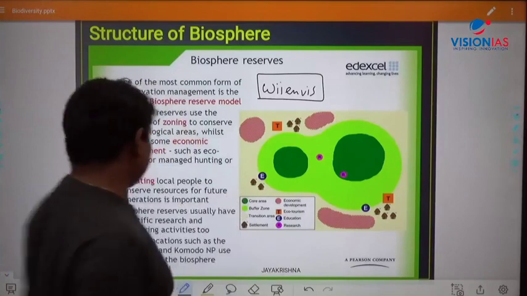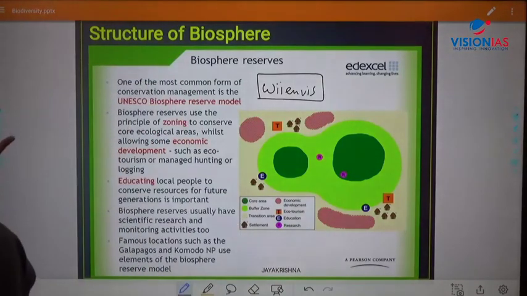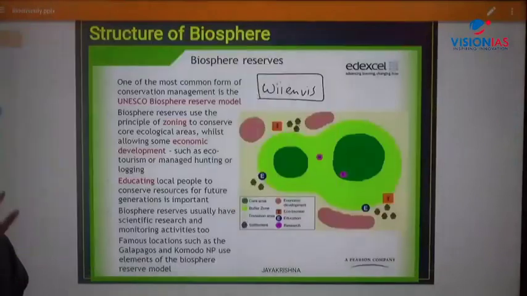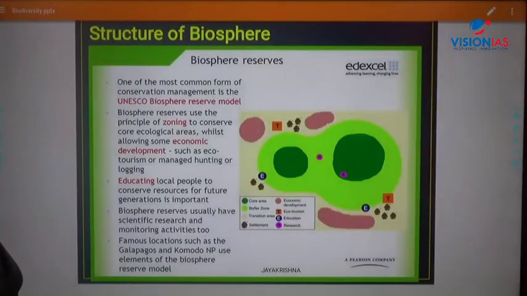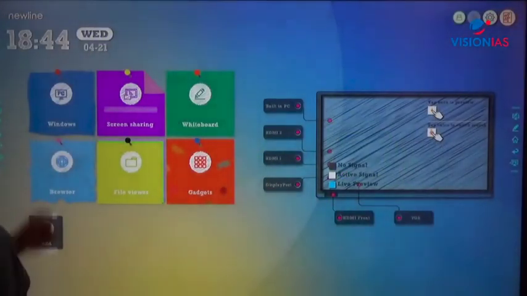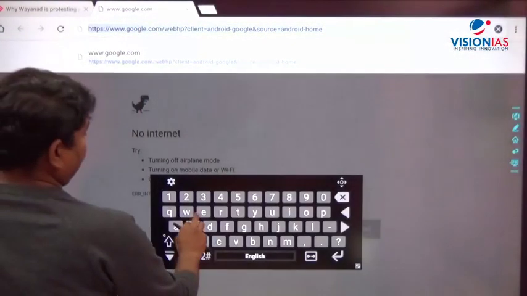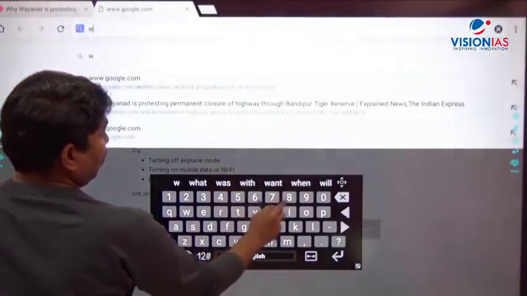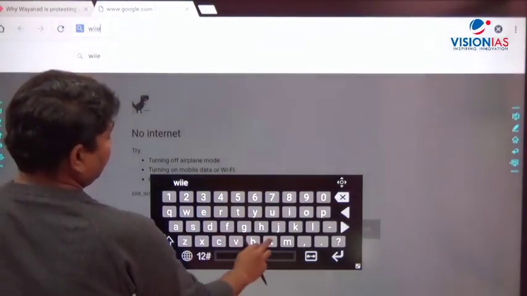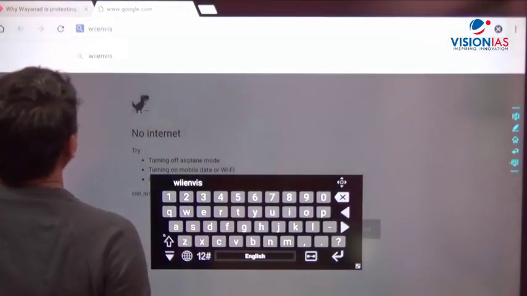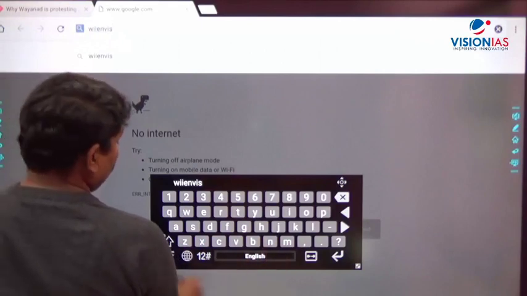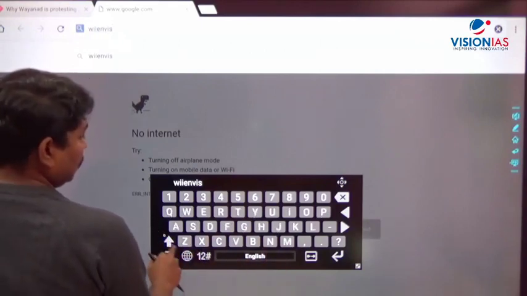Let me show this one. Go to the browser. It is WII ENVIS. What we want right now is Biosphere Reserve.